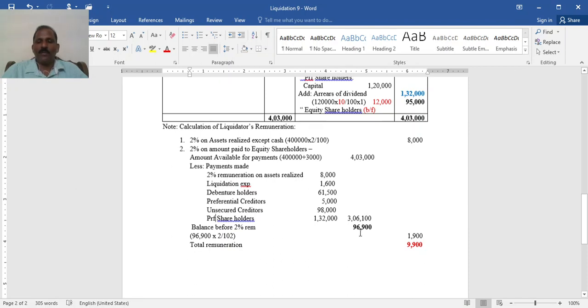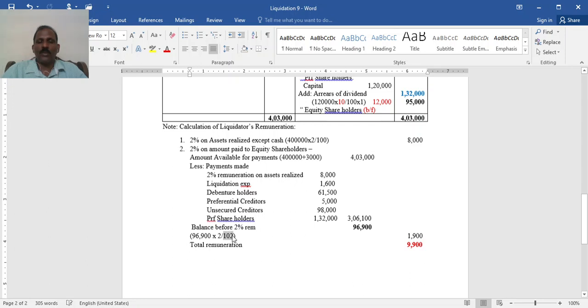It is said that 2% is on actual amount paid to equity shareholders. Hence, you have to take the balance before remuneration, 2% on that. So 96,900 into 2 divided by 102, not 2 divided by 100.